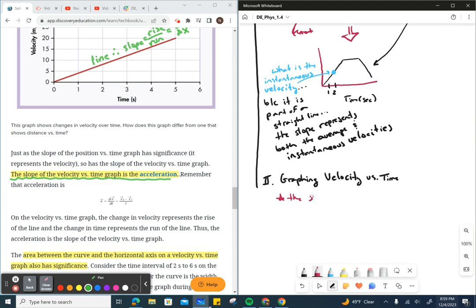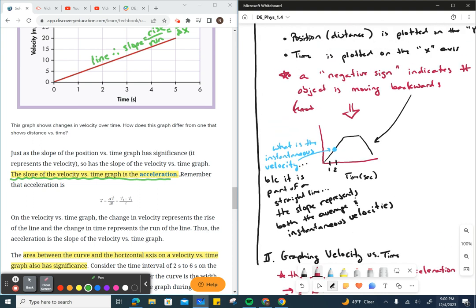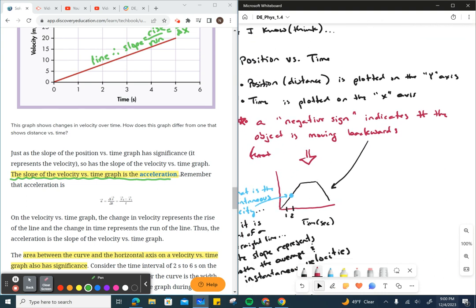The slope represents acceleration. Okay, and remember, acceleration is a change in velocity over a change in time. Okay. Change in velocity over time.